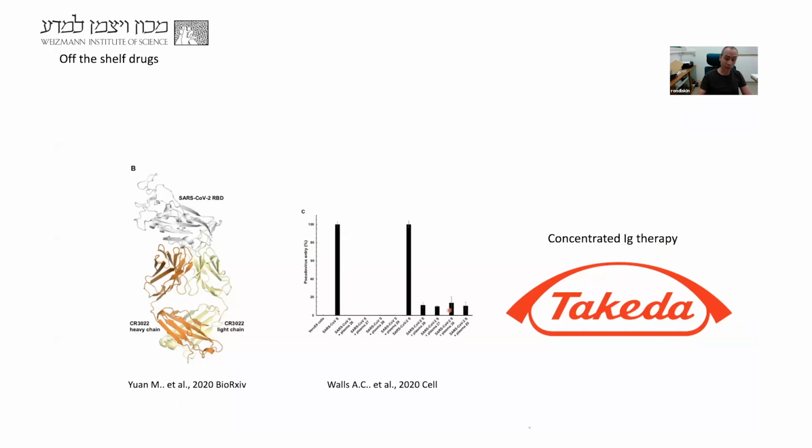It gives us hope that we might actually find antibodies from this pool of antibodies that were previously developed against the old SARS. Also, I want to mention Takeda. It's a Japanese company that has a technology to isolate the antibody fraction from plasma of people.